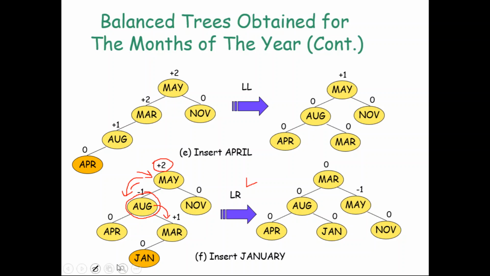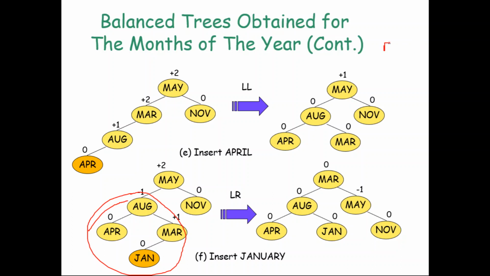So if you rotate August to the left, what will happen? Take this subtree alone. If you rotate August to the left, March will become the root of this subtree.